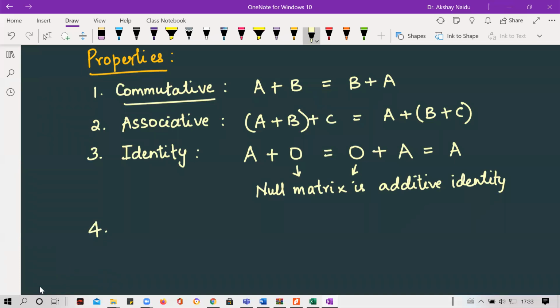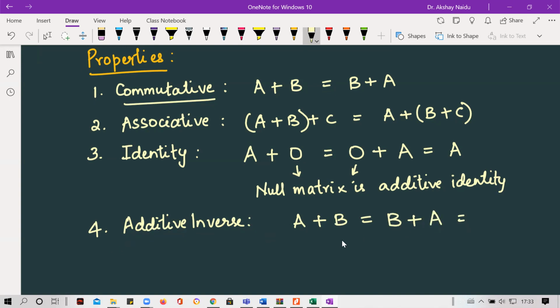Then additive inverse. What is the additive inverse of A? Anybody? What is an additive inverse of a matrix?